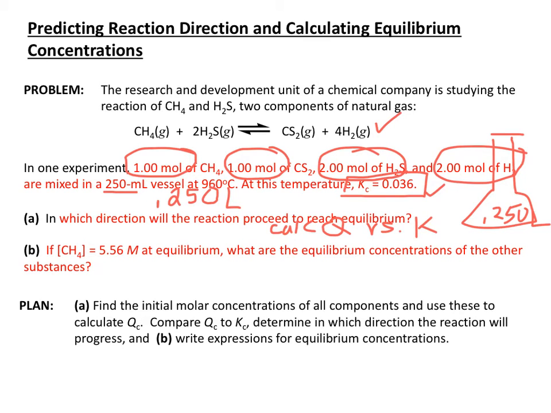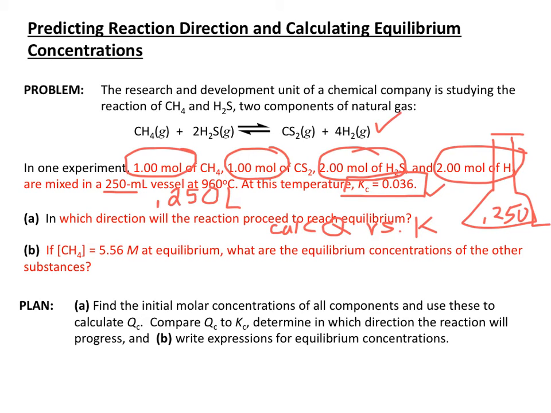We're going to have to turn all of those quantities of moles into molarity. And then we can substitute in, find Q, and then compare it to the given value of K, which was 0.036.